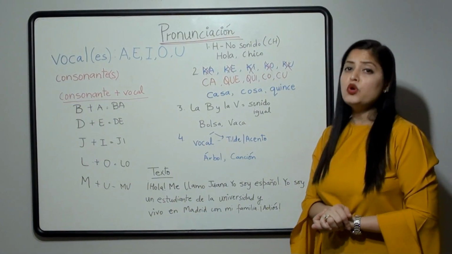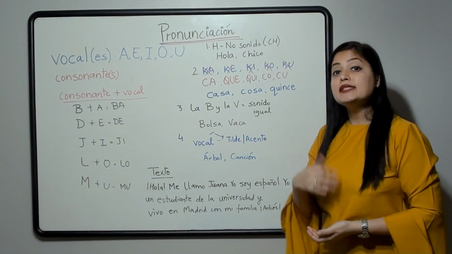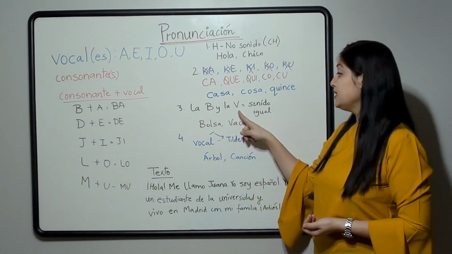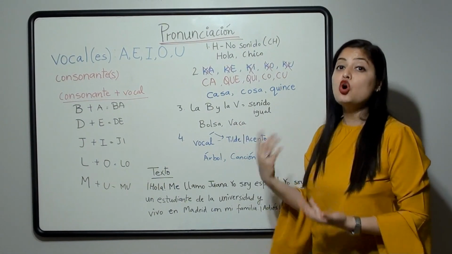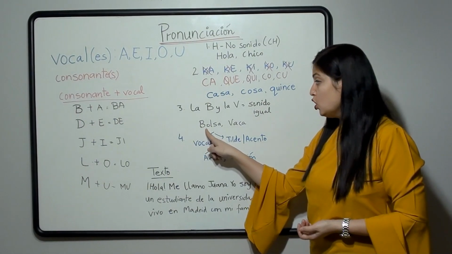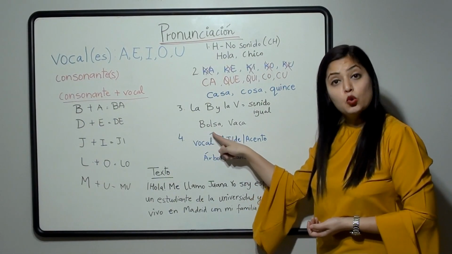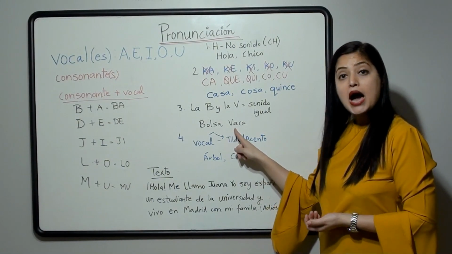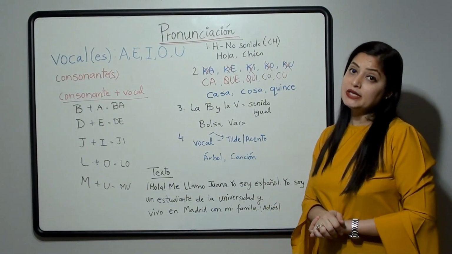Apart from that, we also have to keep in mind that the sound that the alphabet B and the sound that the alphabet V makes is almost the same. For example, bolsa, which means bag, and vaca, vaca means cow.